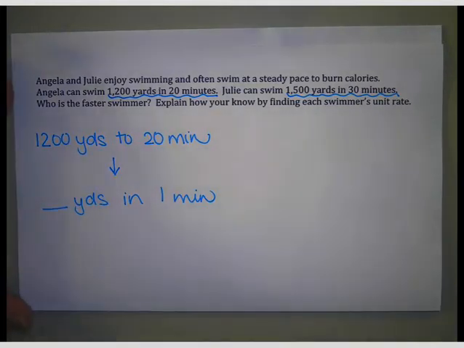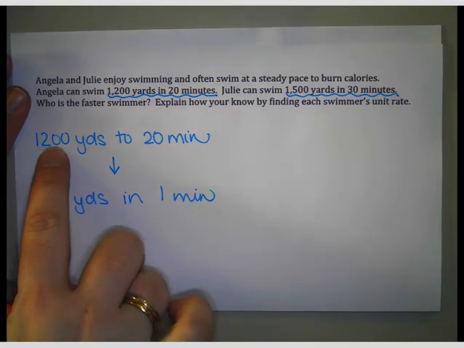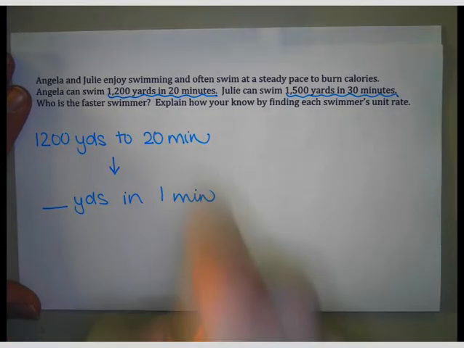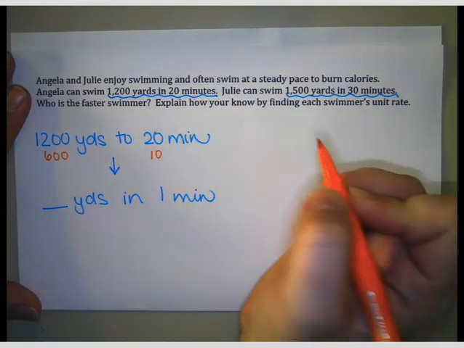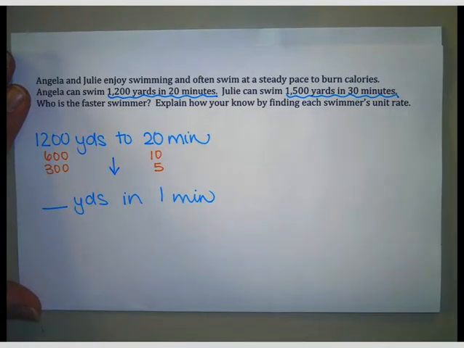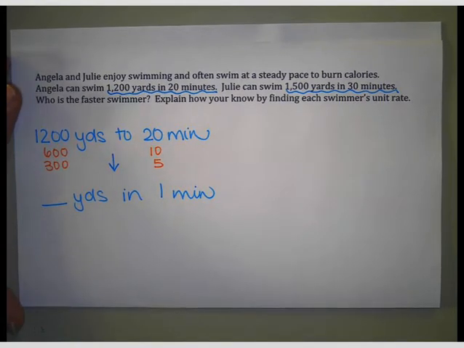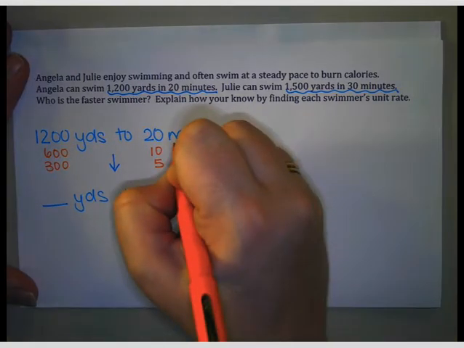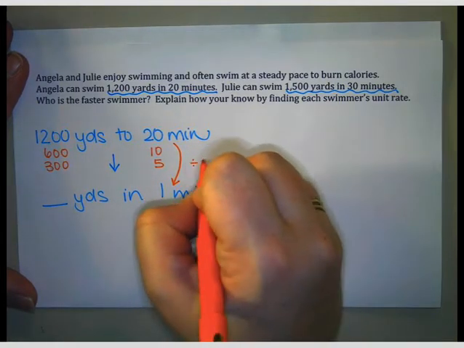Well, I could do this by doing some cut in halves. I could take the 1,200 yards in 20 minutes, cut them both in half and get 600 yards in 10 minutes, which is 300 yards in 5 minutes. I could do some good number sense reasoning to solve this. Or I can say, to get from 20 minutes to 1 minute, I would divide by 20.